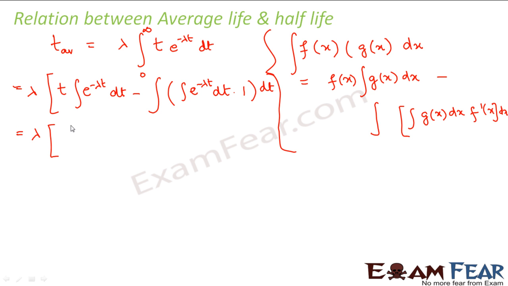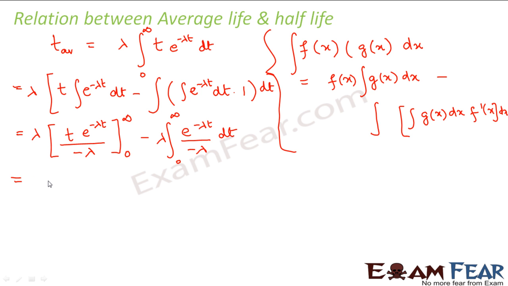So this will become equal to t into integration of e to the power minus lambda t, which will be equal to e to the power minus lambda t divided by minus lambda. So the limits are 0 to infinity, minus integration of e to the power minus lambda t by minus lambda into dt from 0 to infinity.